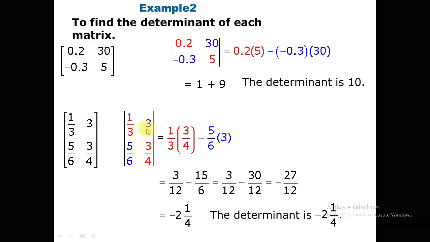The red color and blue color represent that first we multiply the red diagonal entries and then the blue diagonal entries, and then subtract the result of the product of these two terms from the result of the other product. So 3 and 3 cancel, or simply 3 times 1 is 3 and 3 times 4 is 12, 3 times 5 is 15 by 6. Taking the LCM and after simplification we get minus 27 over 12, and simplifying minus 27 over 12 we get minus 2 and 1 over 4. So this is the determinant of this matrix.